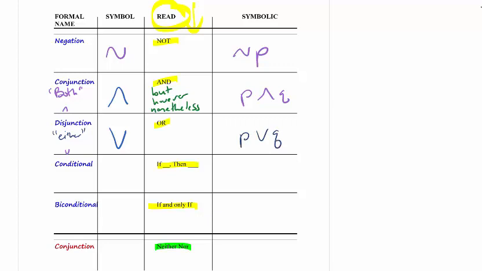Either one can work. My conditional is one that you need to be careful on the order. Order is important. If the first, comma, then the second. There is one other word, but they generally don't use it, but you could use implies. This one, order matters. I'll keep saying that.